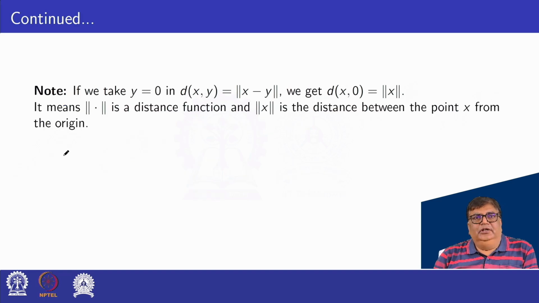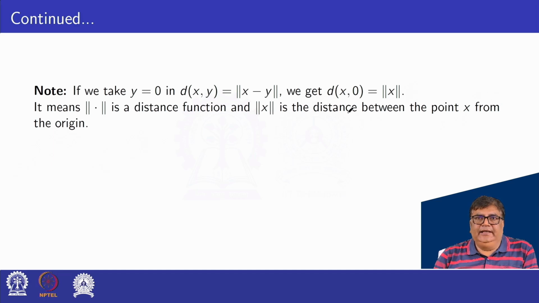Noting point: if we take y equal to 0 in d(x,y) equal to norm x minus y, we get d(x,0) equal to norm x minus 0, that is norm x. It means norm is a distance function also, but what is the difference between norm and metric?